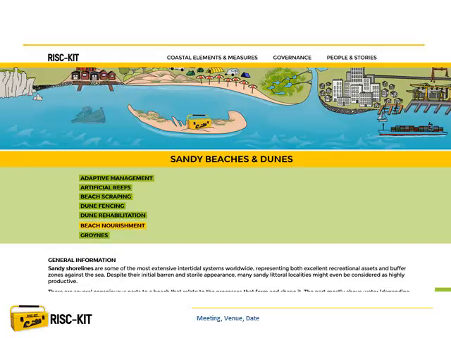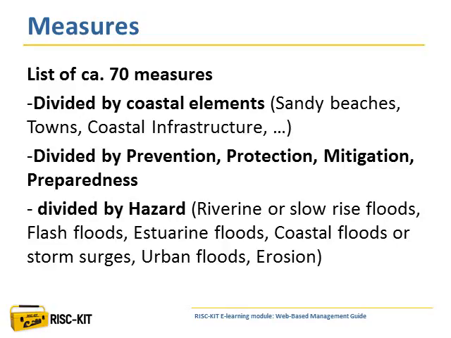But the most important part is the list of different measures that you can see in the middle, and in this case we pick the nourishment. This is only one measure; in the whole web guide there are about 7 measures, and it's again divided by the coastal elements.